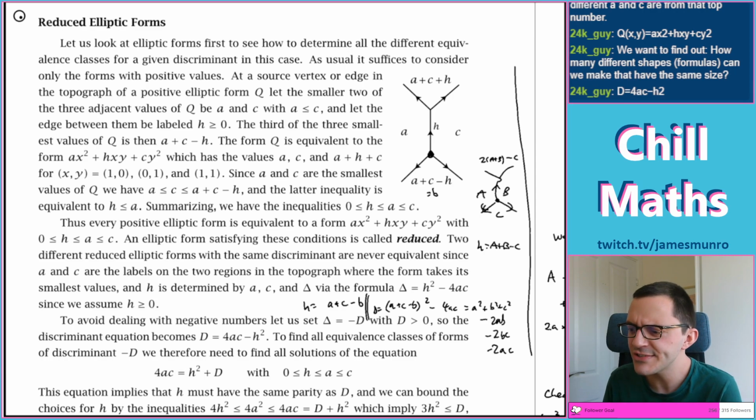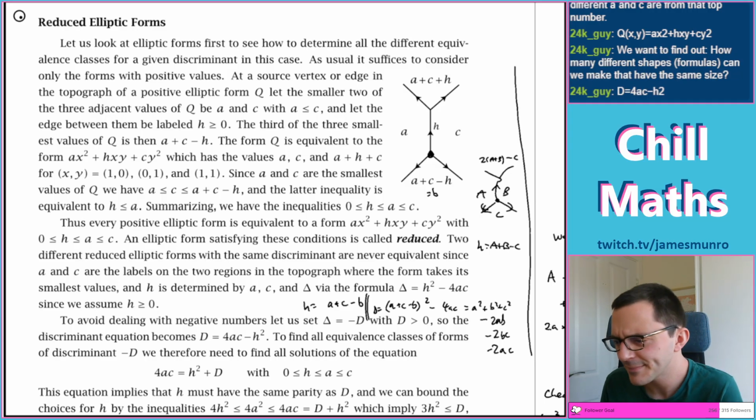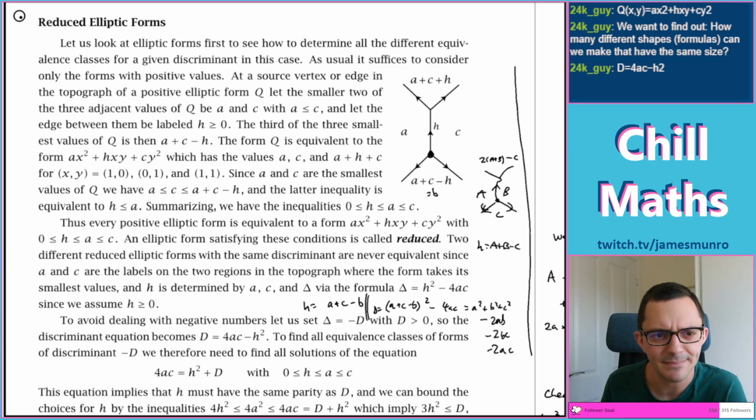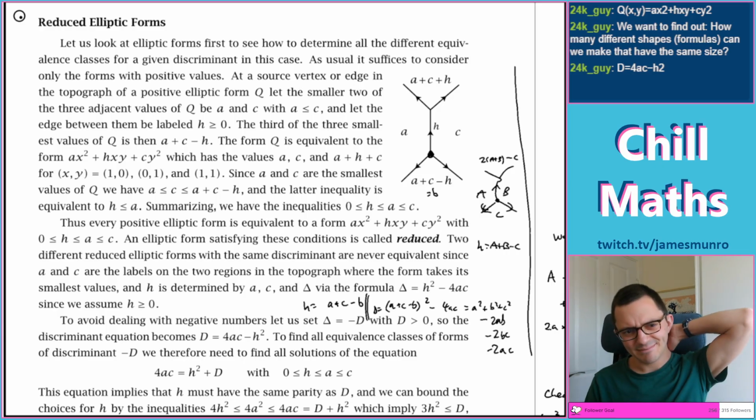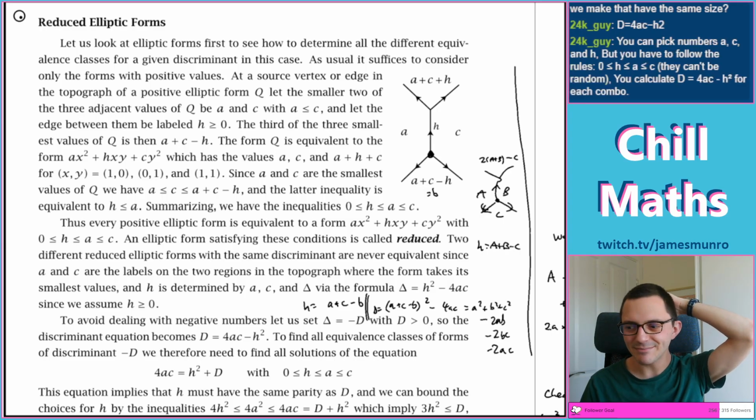So when you say size, is that your size is then 4ac minus h squared? I don't understand that. It doesn't look like the size of anything to me. I don't know. Yeah, no, I don't know what you mean by size of a triangle here.